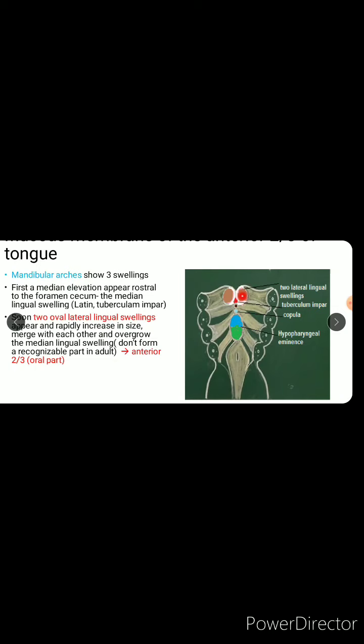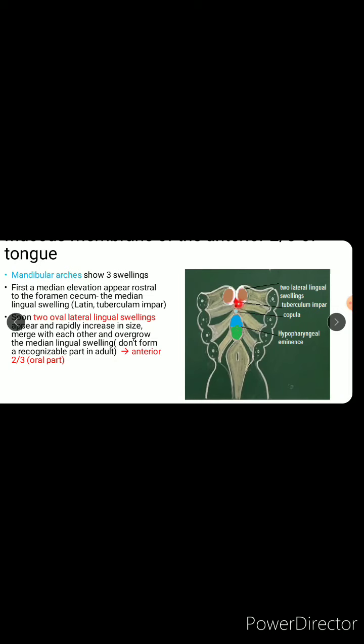Soon after, 2 oval shaped swellings appear. These are known as the lateral lingual swellings. These 2 lateral lingual swellings rapidly increase in size, merge with each other and overgrow the median lingual swelling.